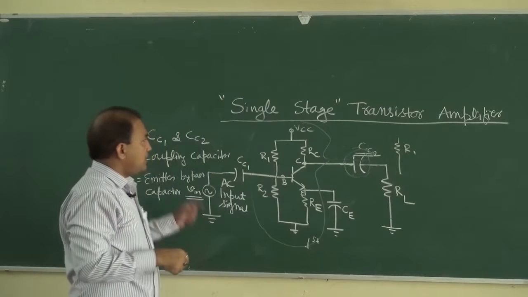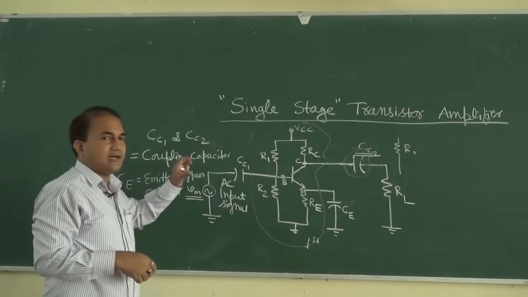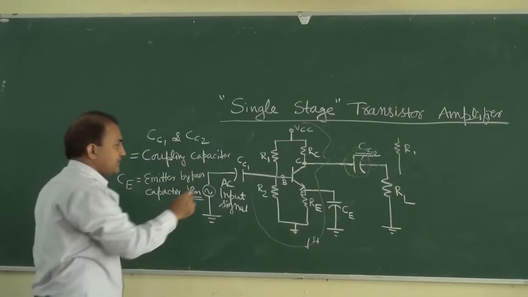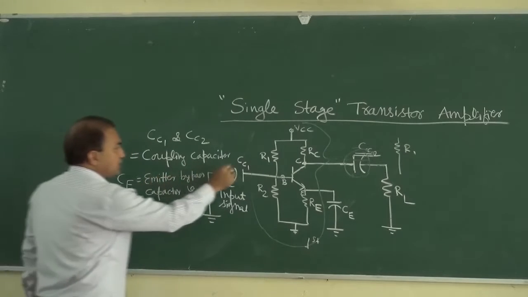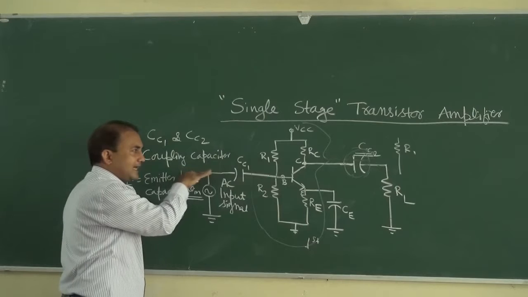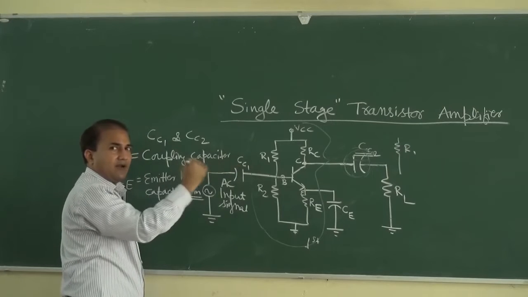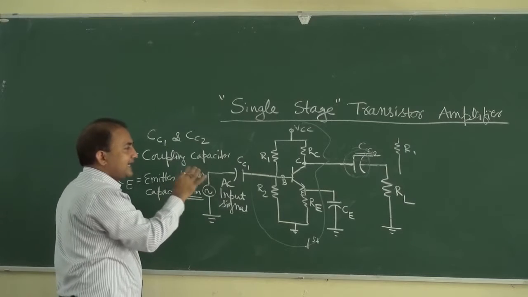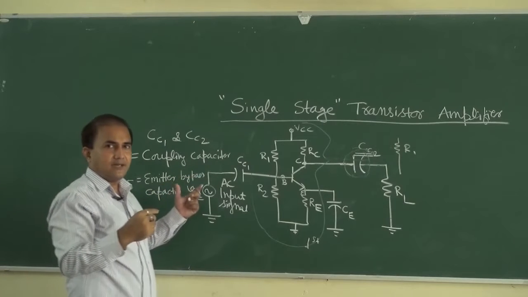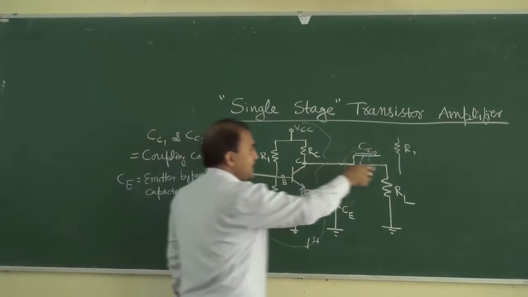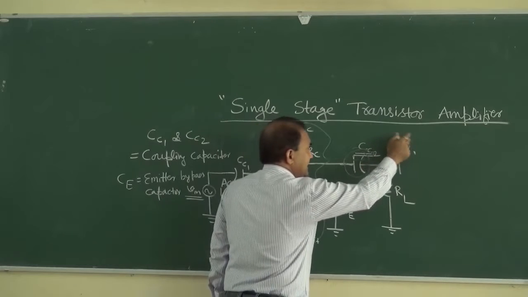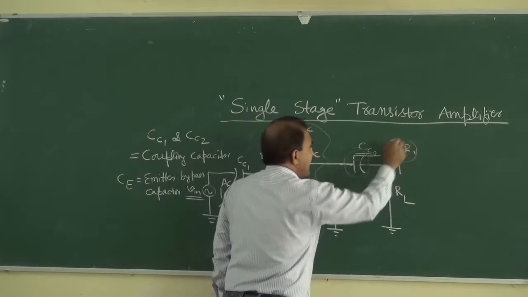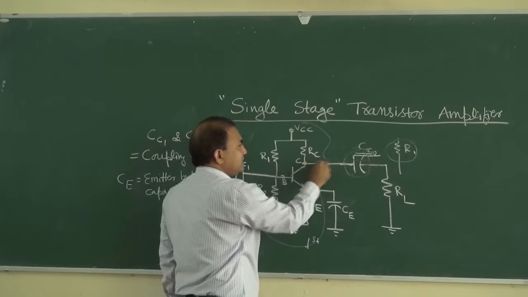Okay, so generally we are using coupling capacitors first to couple the AC signal only, and it will block the DC signal. And second, it provides isolation between the DC resistance and this network.